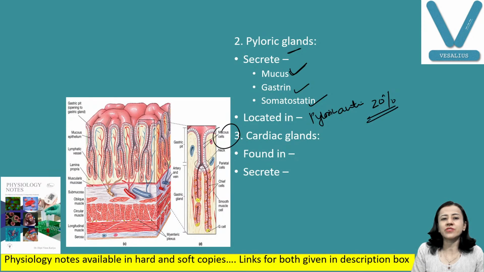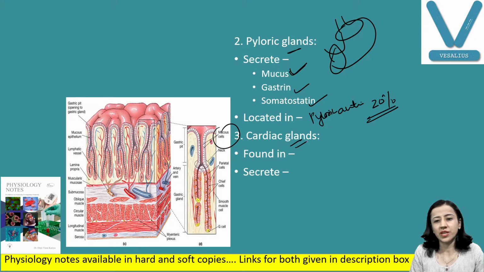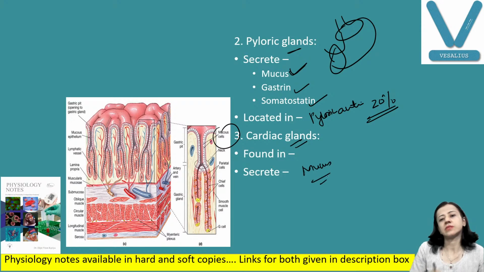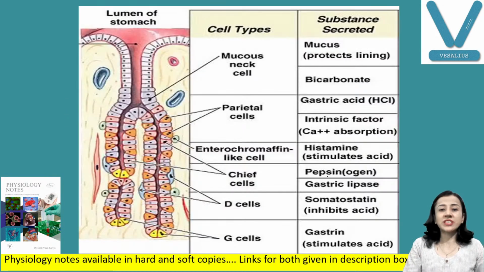Twenty percent of the distal part of the stomach is pyloric antrum. So you can see here, suppose this is the stomach, this part is the pyloric part, and in this cardia part we have cardiac glands. They secrete mainly mucus. Fine.